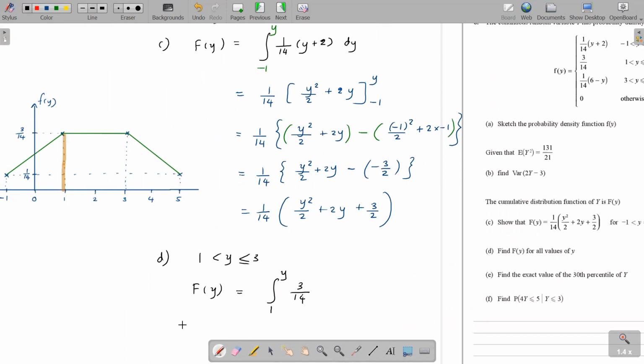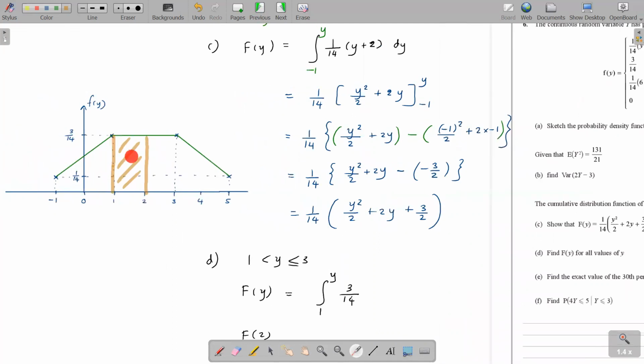For example, if y is 2, then you get F(2), which gives you only the area from 1 to 2. But is that what capital F(2) is supposed to represent? No. When I say capital F(2), I mean the entire area behind 2, not just the small part from 1 to 2, but the area from -1 until 2.